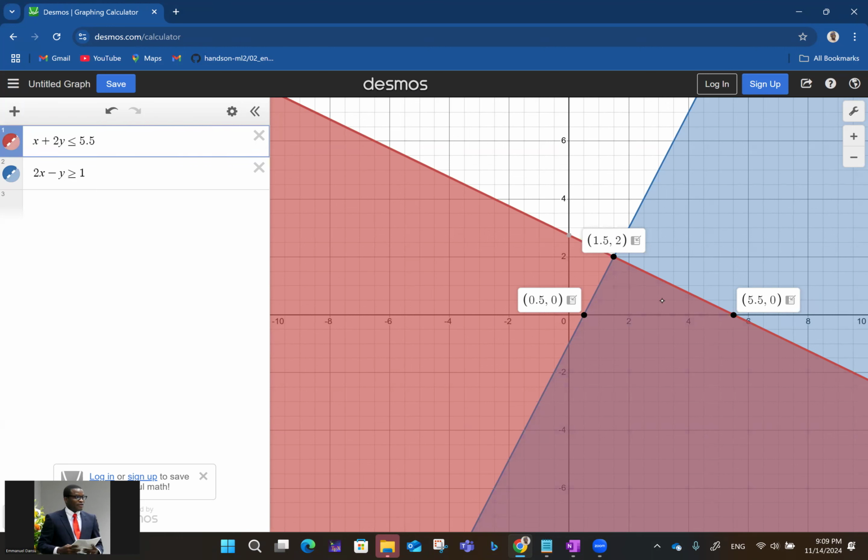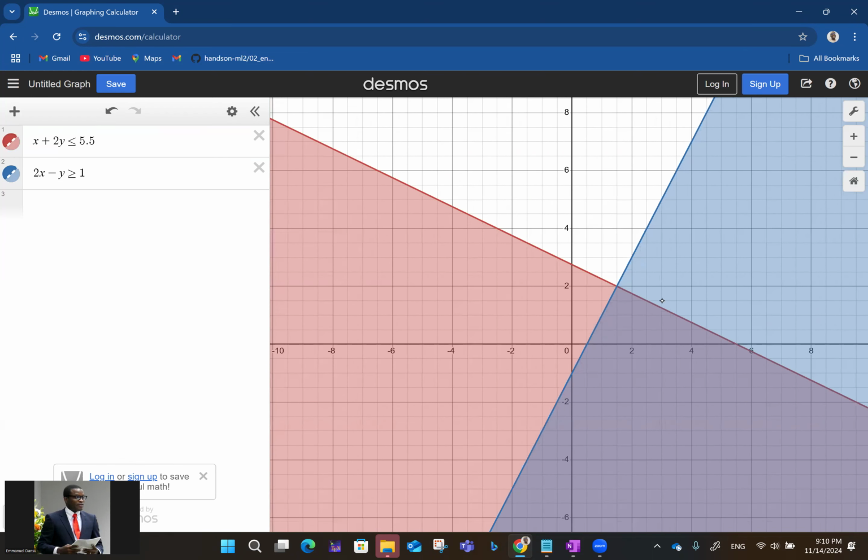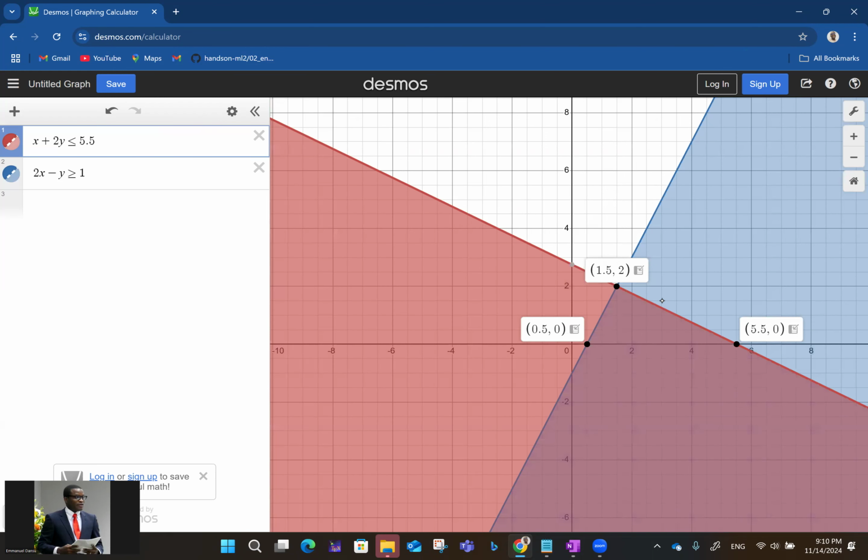That will be the feasible region. Of course, it also extends down, but it will be negative, so we won't bother about all that because we have the non-negativity constraints.